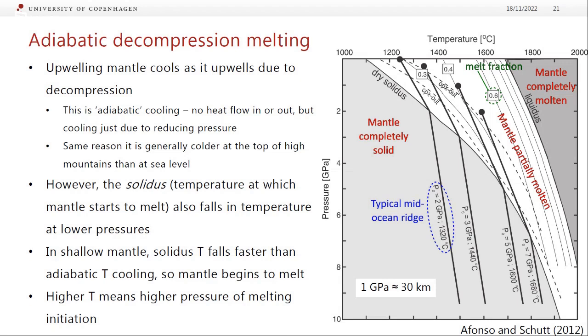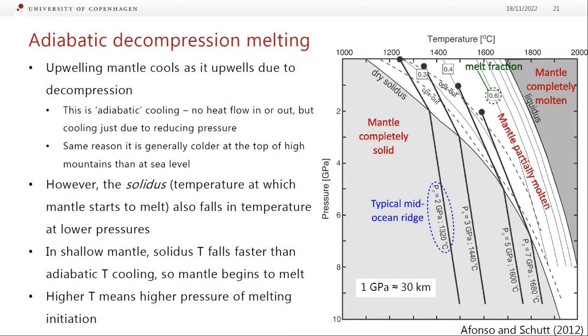Yes? All these different pressure lines, should they be seen as one melt or different melts at different temperatures? These pressure lines going across here, yeah, this is something they call the potential temperature of the mantle. It's just a way of reporting the temperature where we correct for that adiabatic cooling.